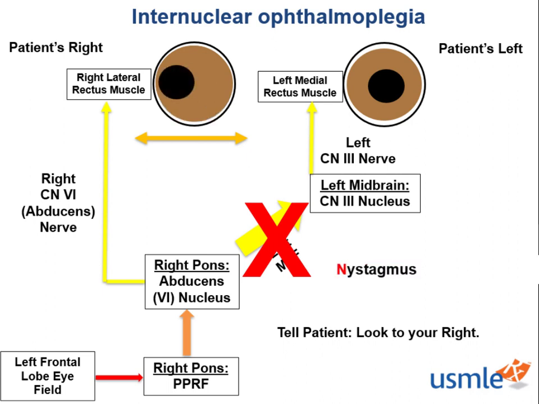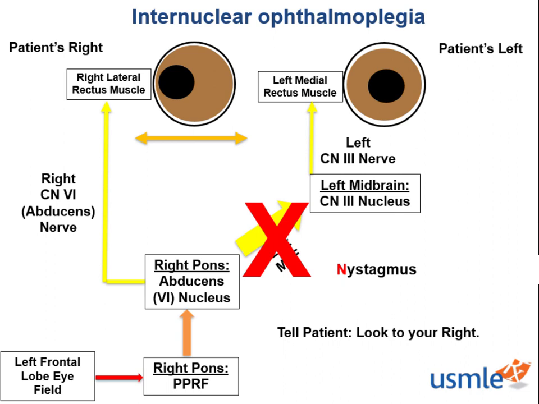This is called nystagmus, as the brain realizes that the eyes are out of alignment and rapidly pulls the eye back to the midline, then abducts it again and again and again in its hopeless efforts of adducting the failing left eye. Well, it's not going to happen because that medial longitudinal fasciculus on the left is gone, so there is no hope for lateral conjugate gaze to the right in this patient.